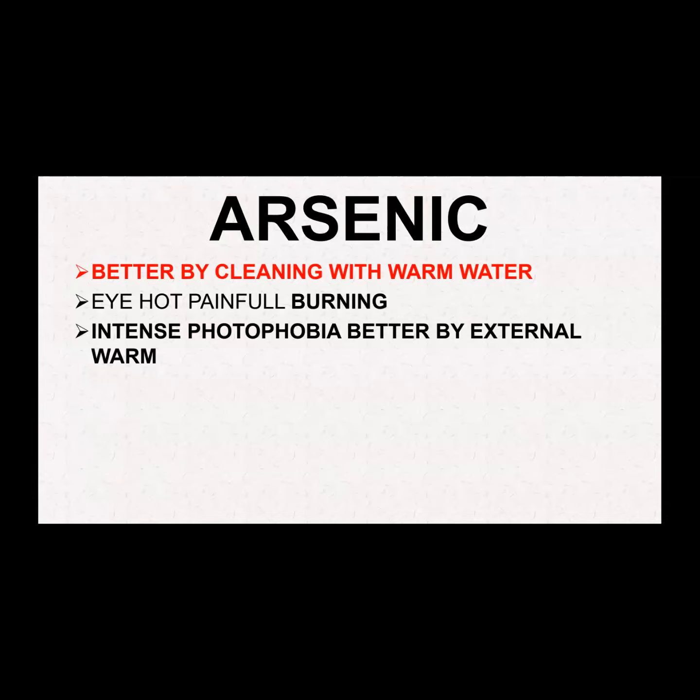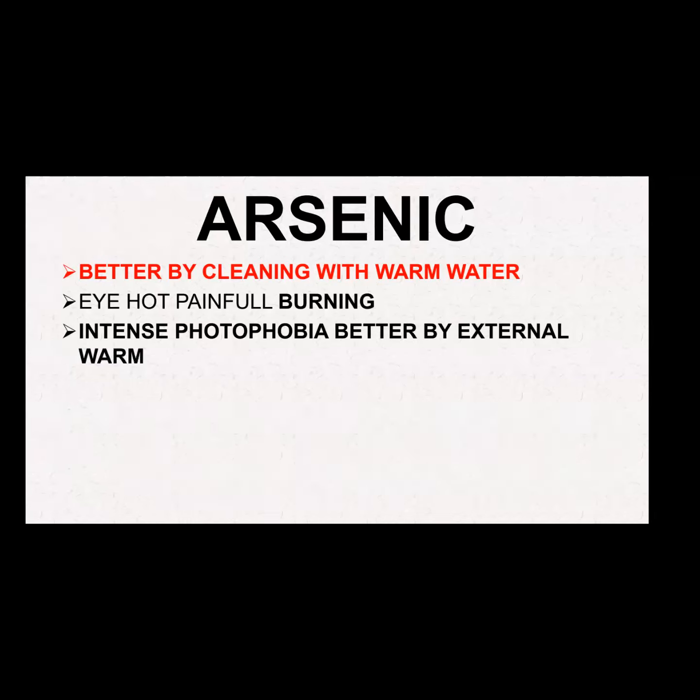Now, the next important medicine: the pathology is slightly blooming, and the day of origin is the second or third day. What medicine are we going to use? The most important medicine which I currently give in my rural areas is Argentum nitricum.